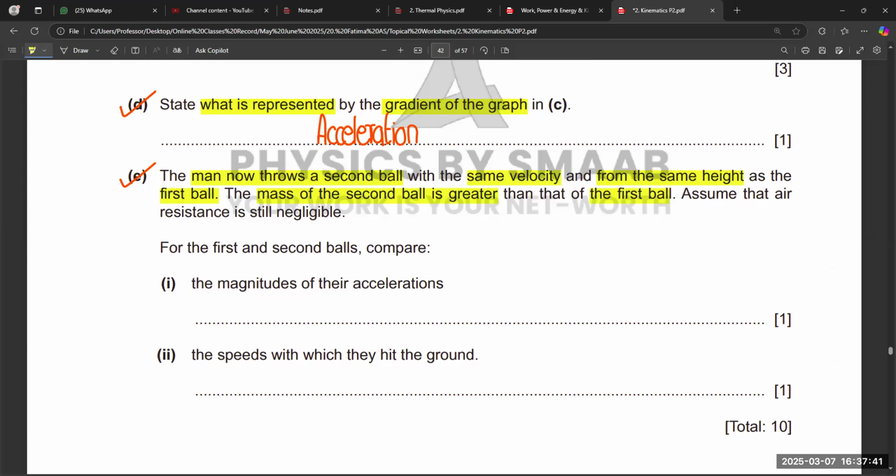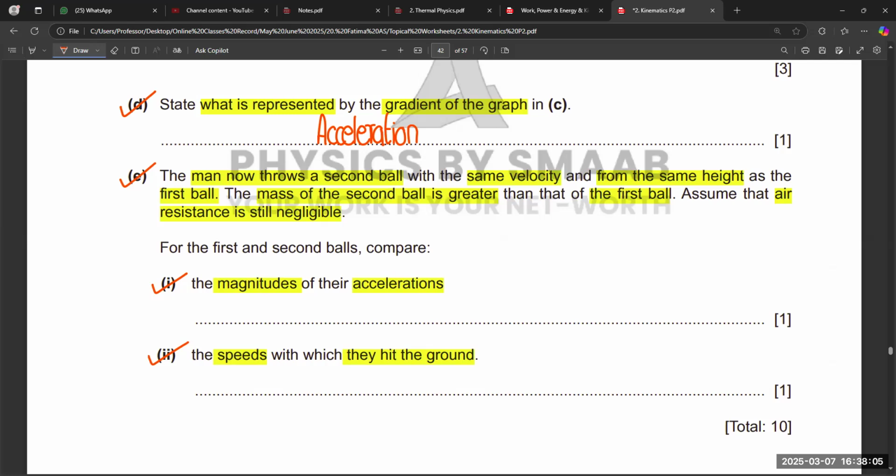Assume that air resistance is still negligible. So for the first and second balls, compare the magnitude of their acceleration and the speeds with which they hit the ground. So what do you think about their magnitude of acceleration and the magnitude of their speeds?